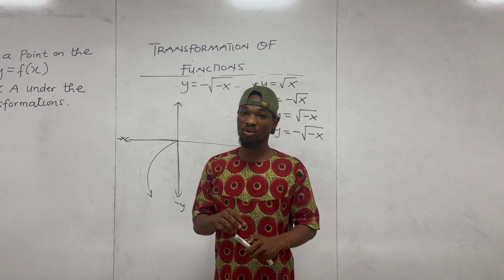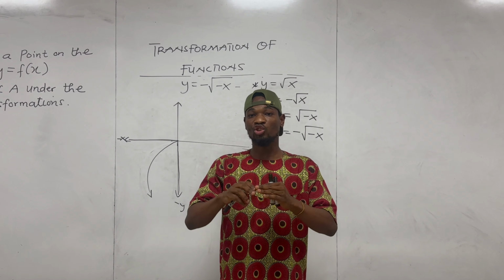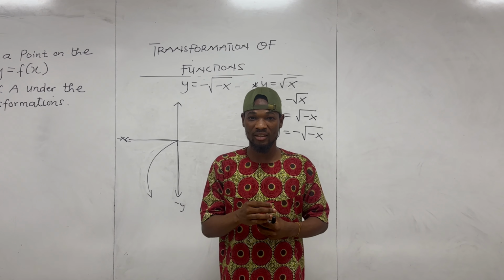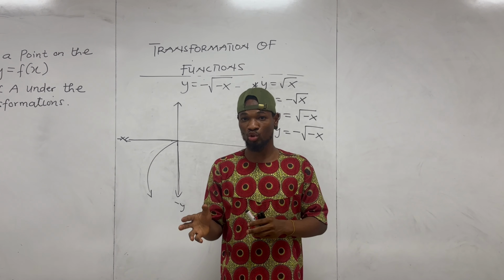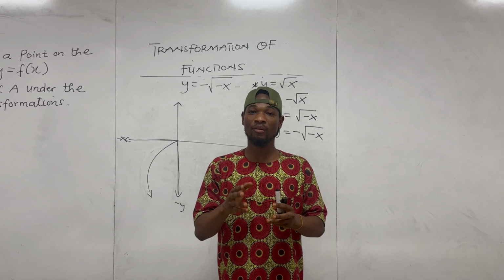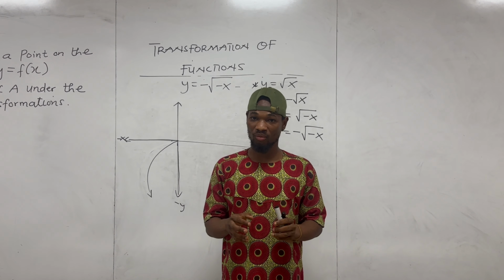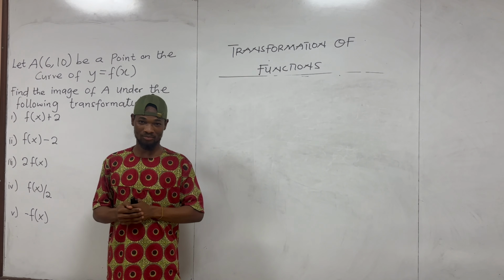Having understood the geometric definition for some given functions, let us appreciate the mathematical approach, where you'll be given questions and you don't have to use any form of graphical method. Viewers, let's consider this question.